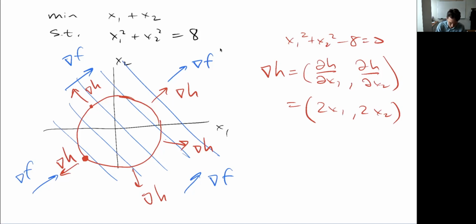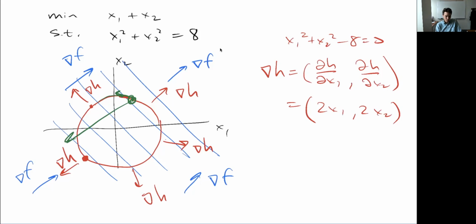Let me draw a different color. And I'm going to put a string. I'm going to pull that string in the direction of decrease because I'm trying to decrease this as much as possible. And you can see that it's going to slide because there's a component of the force in the direction that I can still move. So it's going to slide until it gets all the way to here.